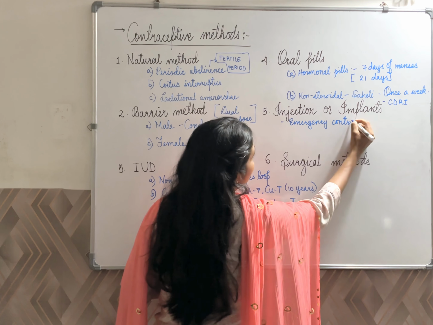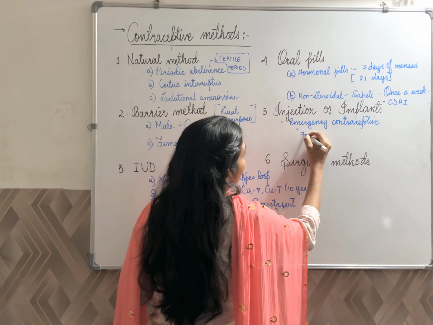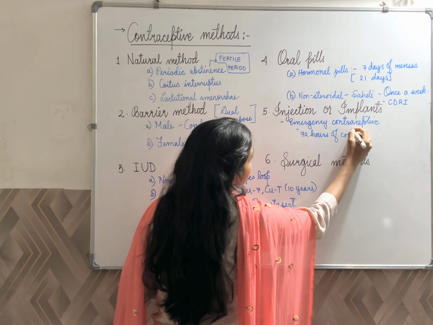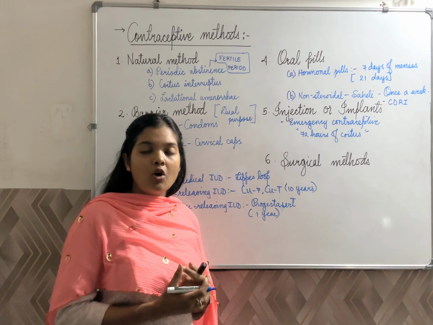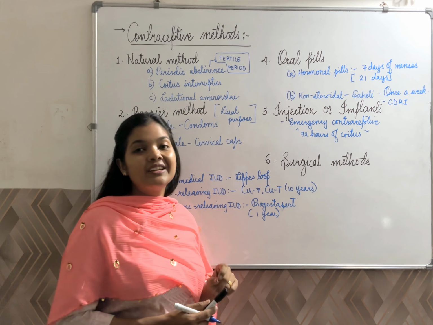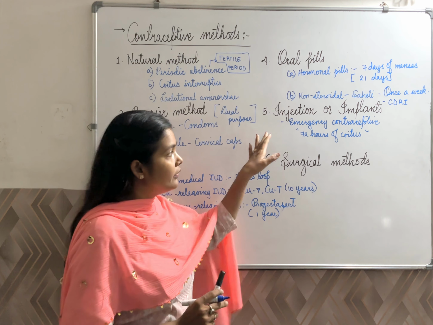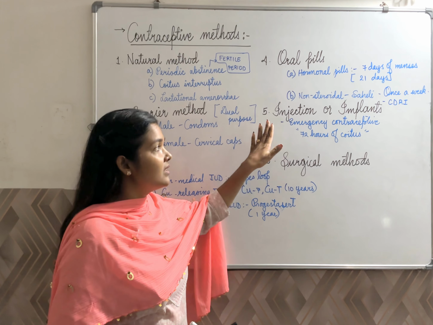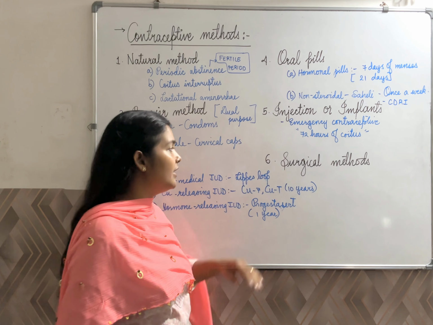This is called an emergency contraceptive as it has to be taken right within 72 hours of the coitus. It is not much different from the oral pills. It again has a composition of progesterone and estrogen. The only difference is it is directly administered into the blood in the form of an injection. So if there is any case where the pregnancy is of an unwanted kind, this works as a boon for the couple or any female individual.